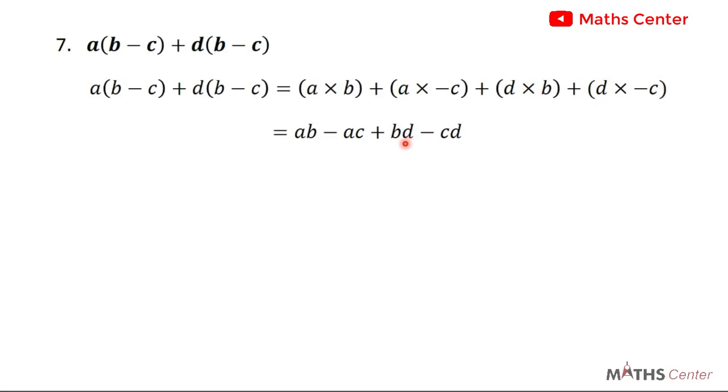Remember we said that if there are variables, the variables are listed in alphabetical order. So it is bd, not db. Then we have d times minus c to give us minus cd, not dc. So we can see from here that there are no like terms here. So we can't add any further.